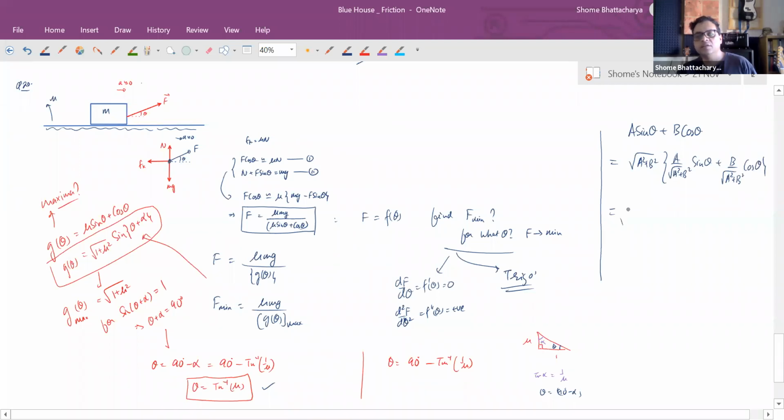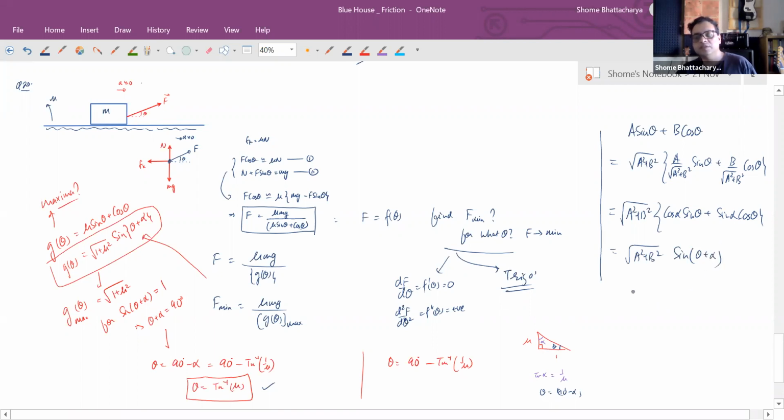Next step we are writing cos alpha sin theta plus sin alpha cos theta. So this is becoming root of a squared plus b squared into sin of (theta plus alpha).